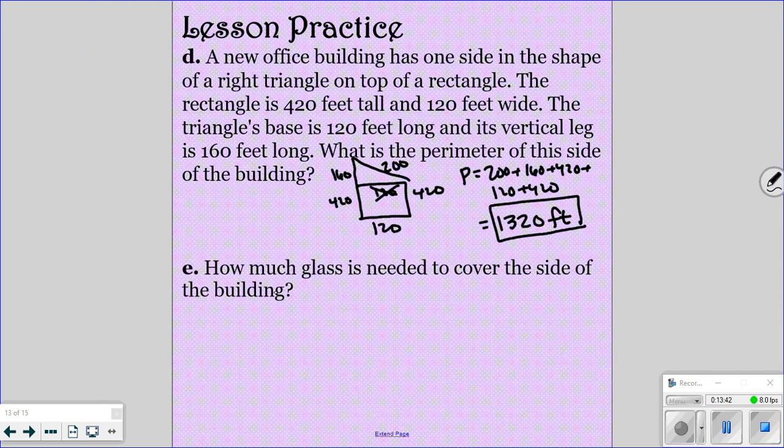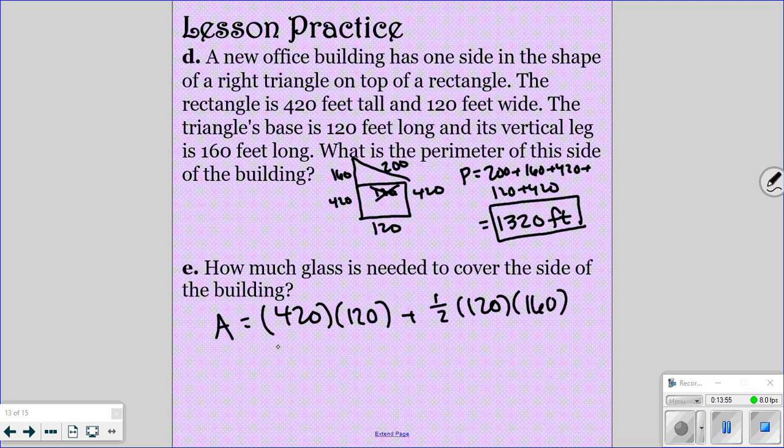So that's the area. So the area of your rectangle would be 420 times 120, and then the area of the triangle would be 1/2 120 times 160, because that's base times height. So if you multiply that and add it together, you should get 60,000 feet squared. So that would be your answer for that practice problem.